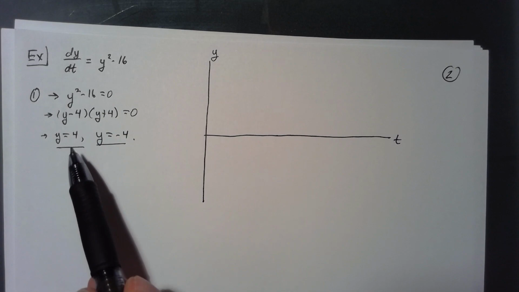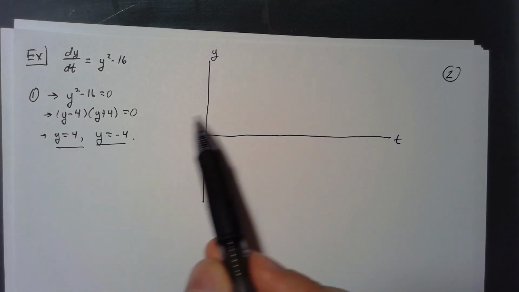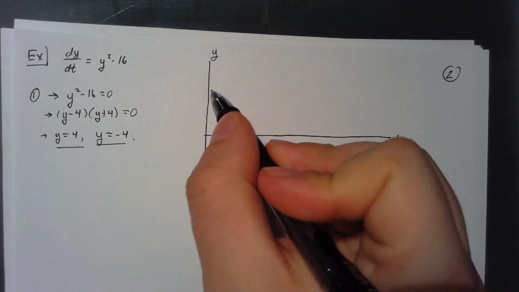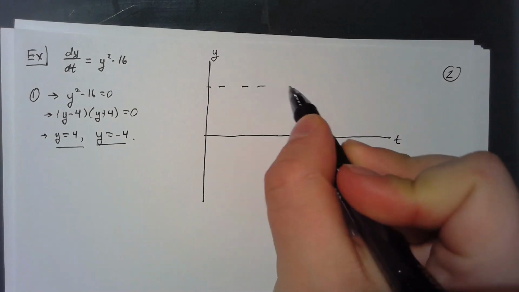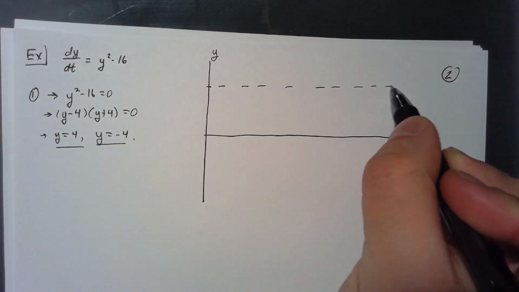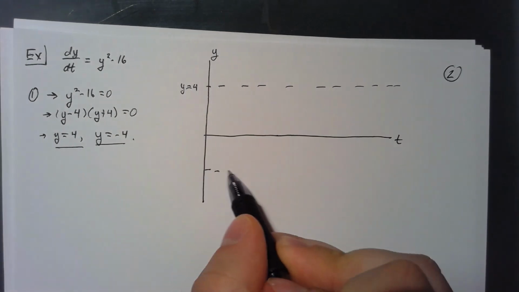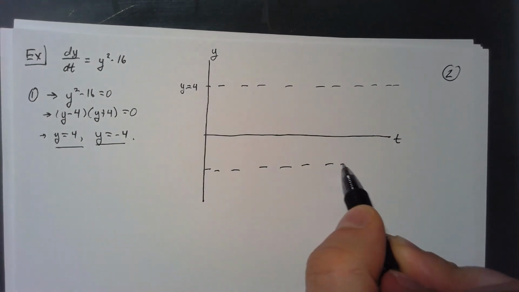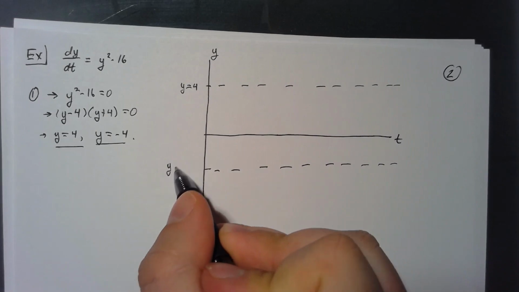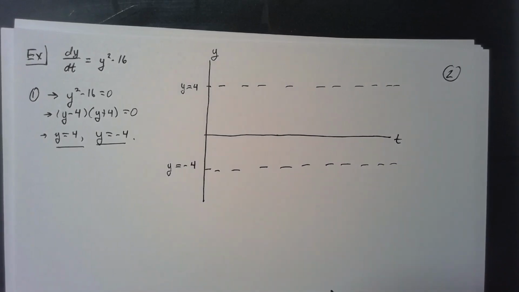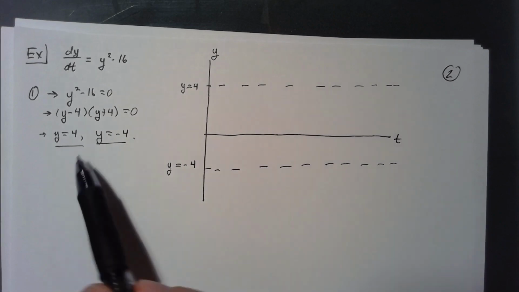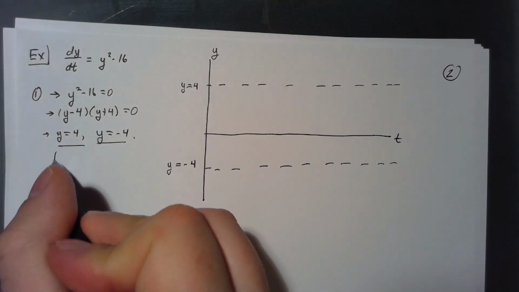If I include my equilibrium curves on here, y equals 4 is up here somewhere, and down here is y equals negative 4. So now, these are my equilibrium curves.